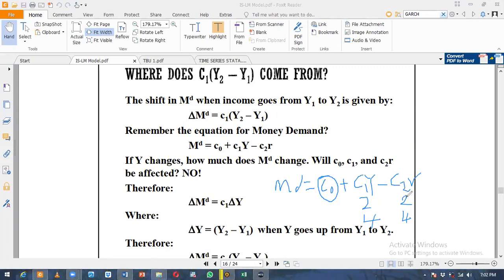And this is what we use to check for the steepness. Can I ask, assuming this is money demand equation 1, this is money demand equation 2, which of the two equations is more sensitive to interest rate?